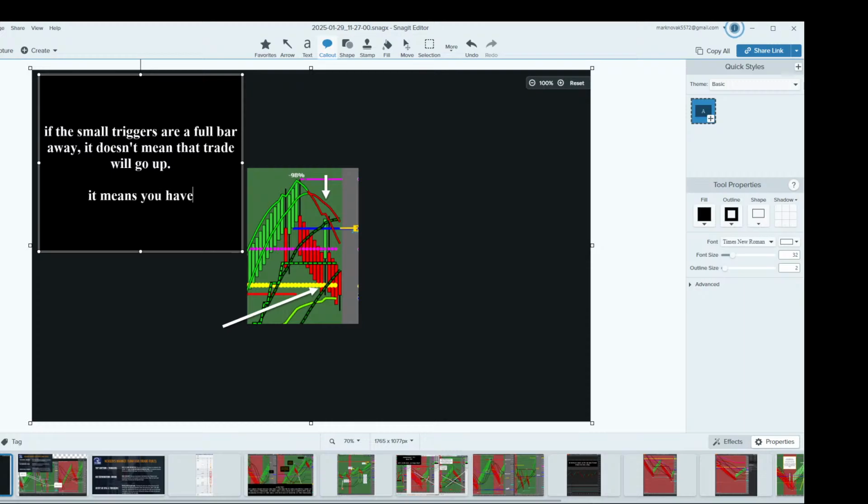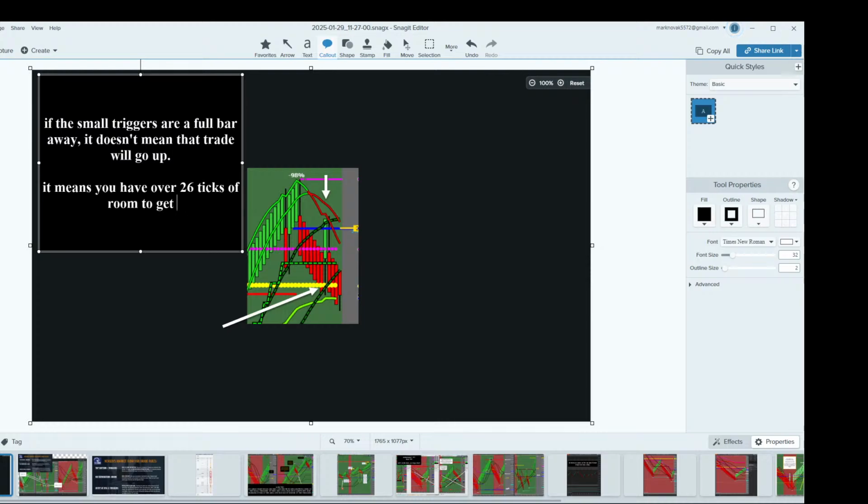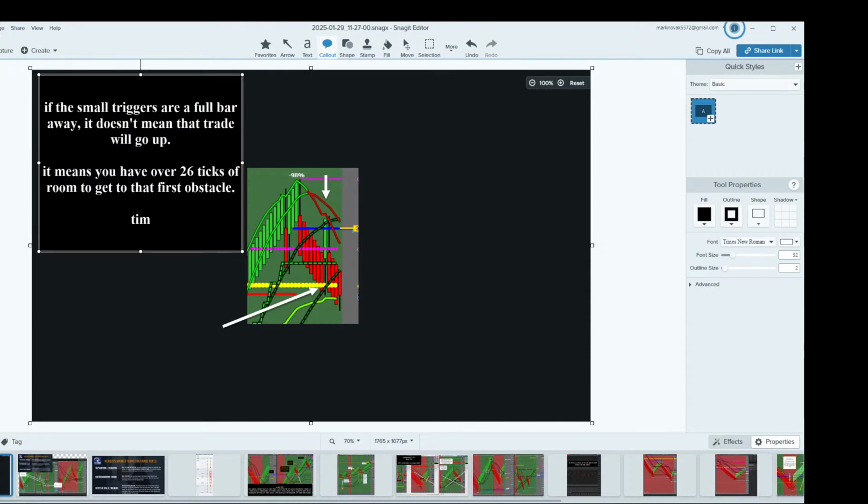It means you have over 26 ticks of room to get to that first obstacle. Time to manage. That's it.